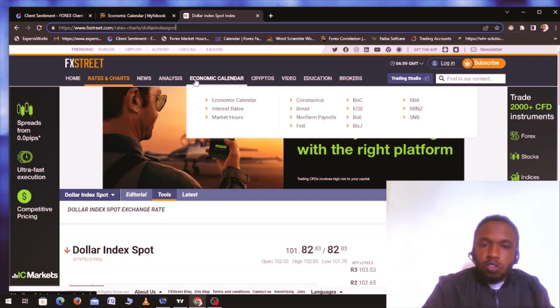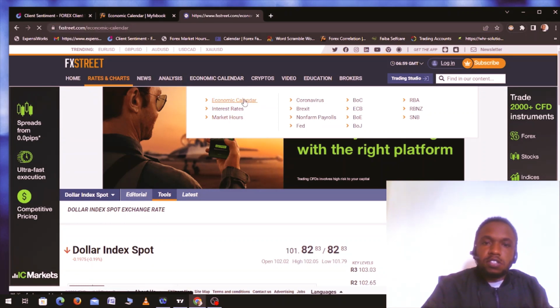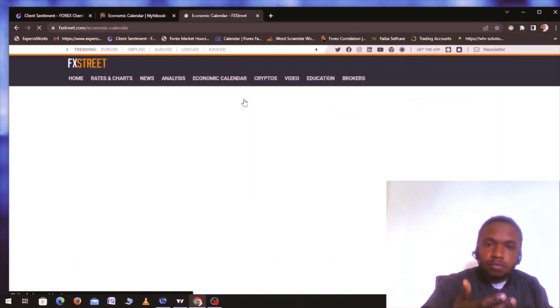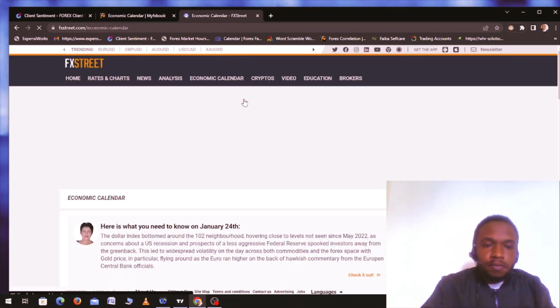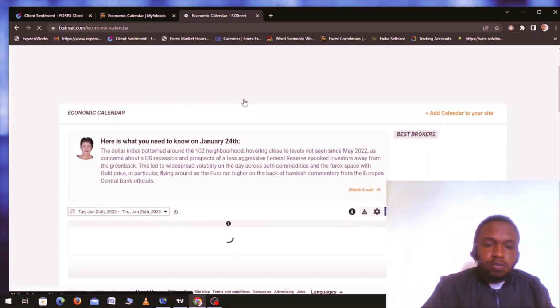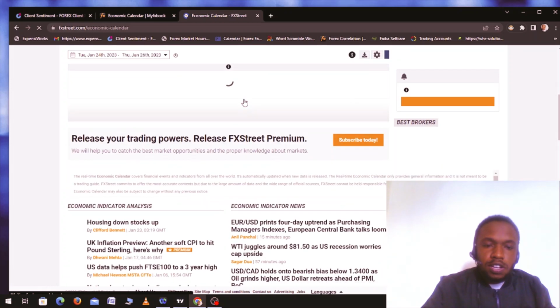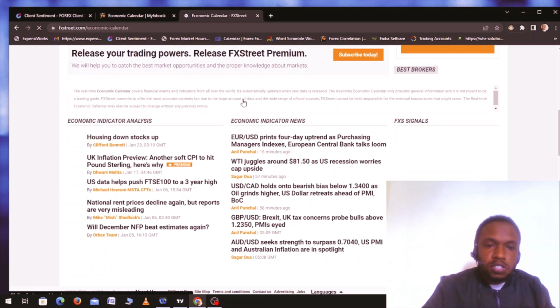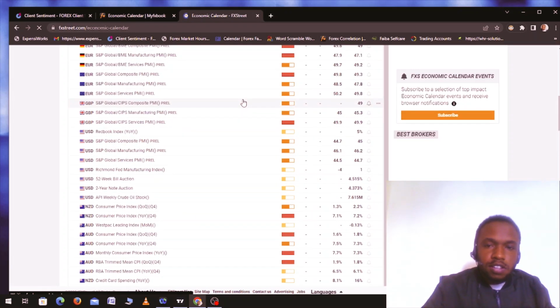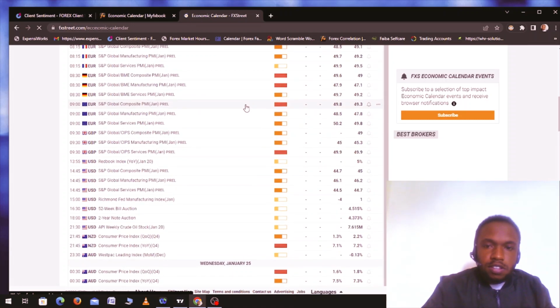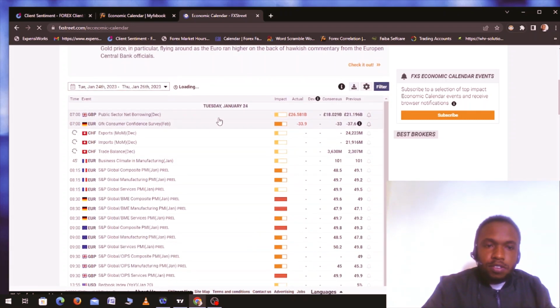You see the economical calendar. We see this one here, and can clearly see what's going on, like the news that's coming in. Today is Tuesday, 24 January. You see this news currently.